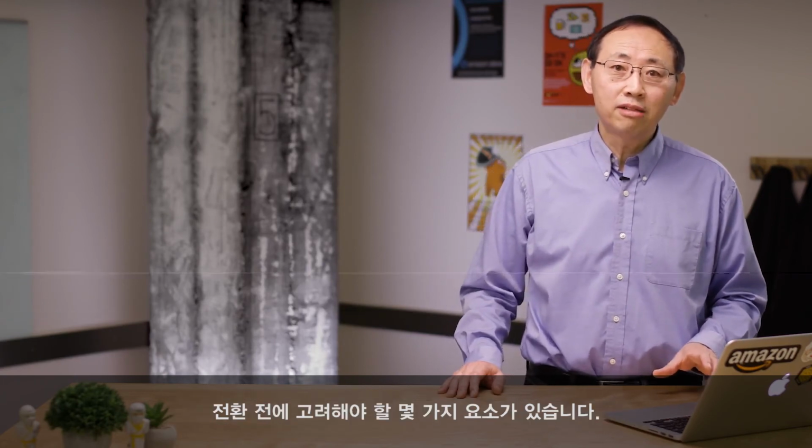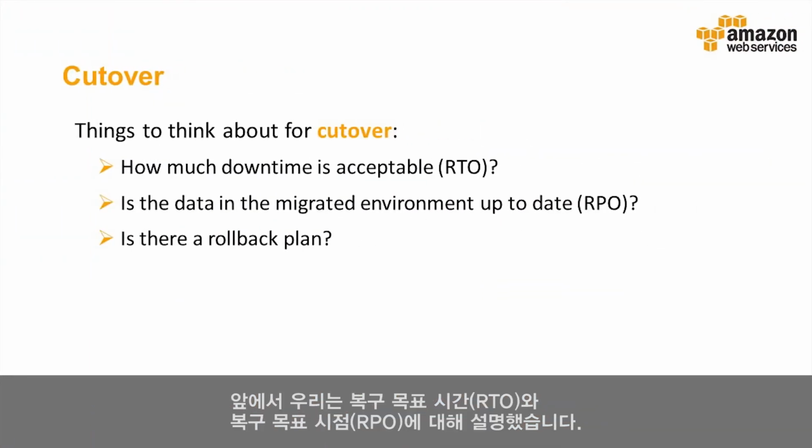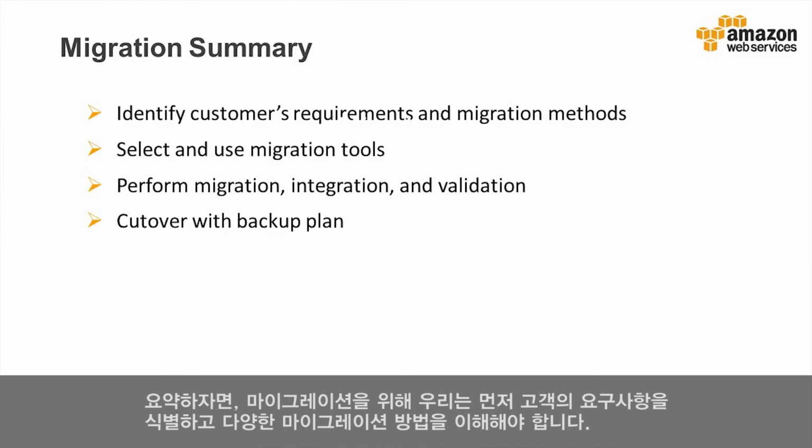There are a few factors to consider prior to the cutover. We discussed the recovery time objective and the recovery point objective earlier. It is a must to have a rollback plan to ensure production continuity in case of cutover failure. In summary, for migration, we need to first identify customers' requirements and understand the different migration methods.